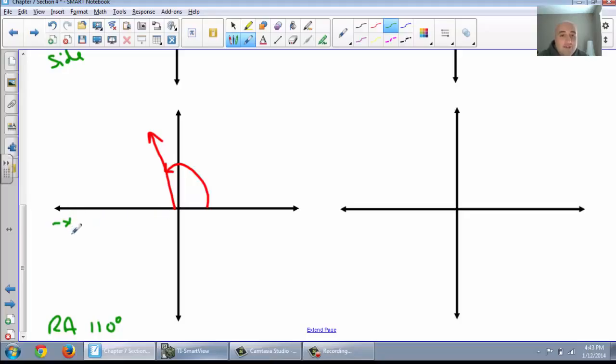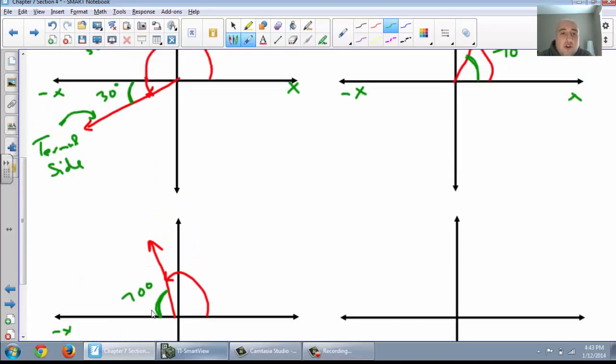Well, if you're on the left, your nearest x-axis is this negative x-axis. So how far is this angle from 180? 180 take away 110 is how much? Hopefully you see that that is a 70 degree angle. So my reference angle for this one is 70 degrees.